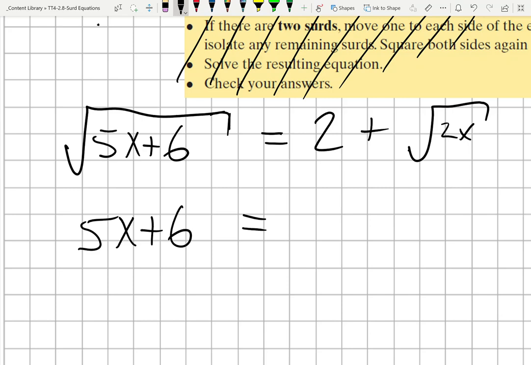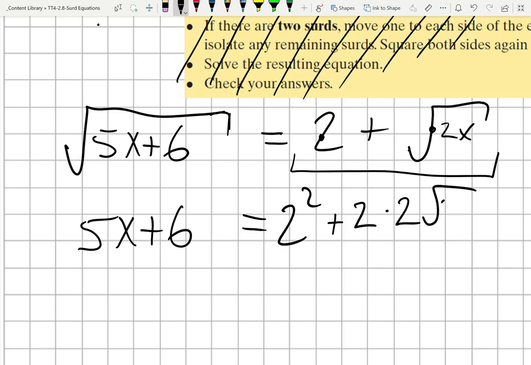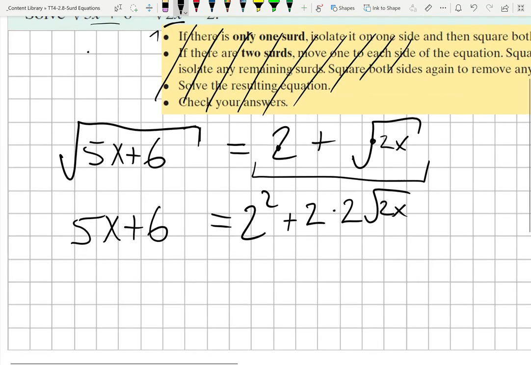So now we're squaring a binomial. So we'll square the first. I'll just write it in that form. I'll multiply the first by the second to get a cross product, but we'll want two of them. So that will be 2 times 2 root 2x, just to show you where it came from, and I'll square the last, which is plus 2x.